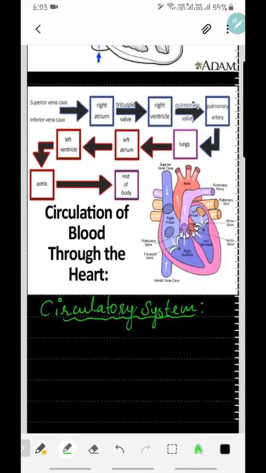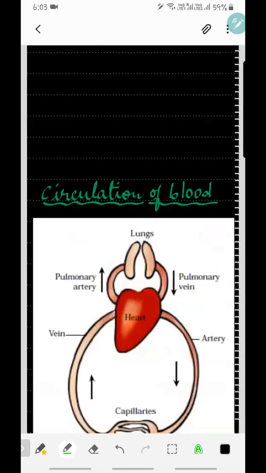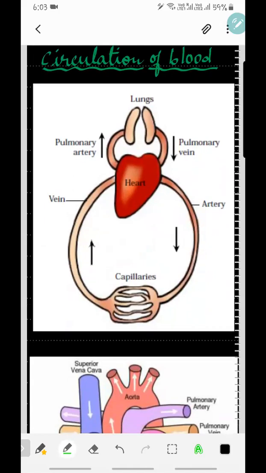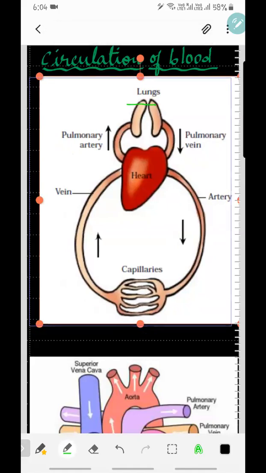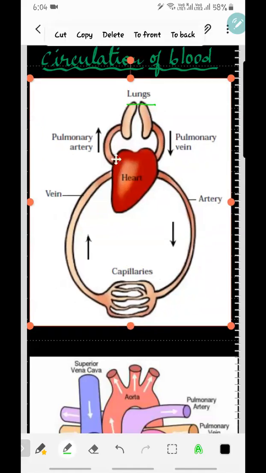So you can see here in the picture, the circulatory system, that there are lungs. Imagine that these are the two lungs. From lungs, what happened? The pulmonary artery. Okay, or we can say from heart it goes to lungs.